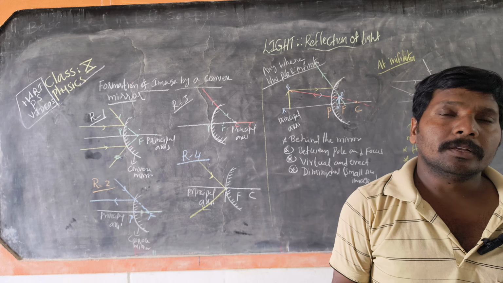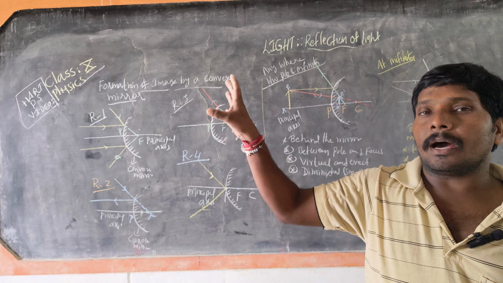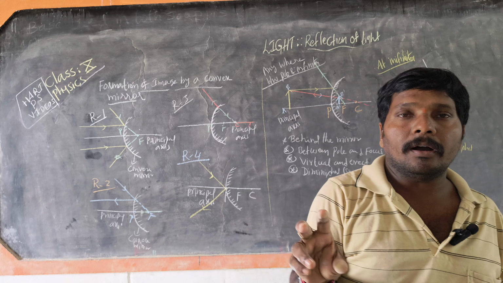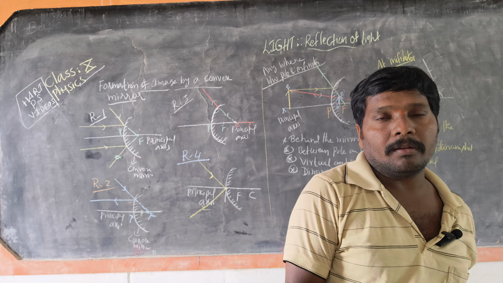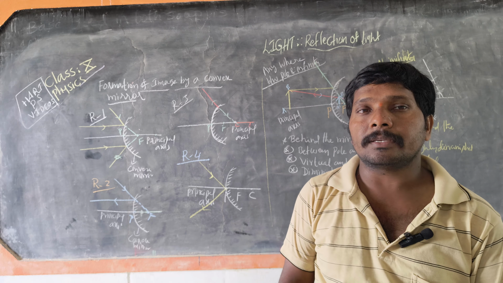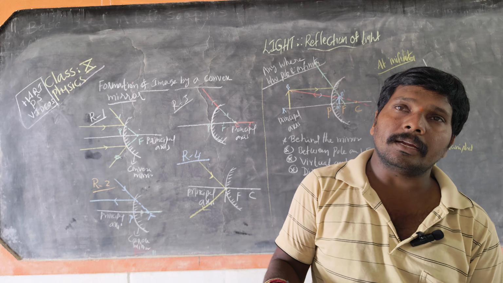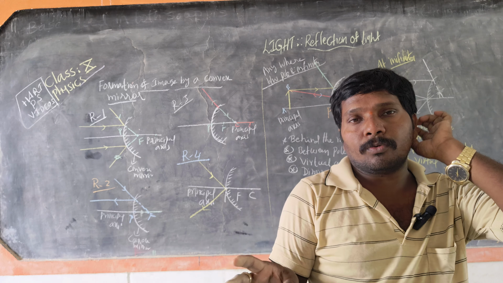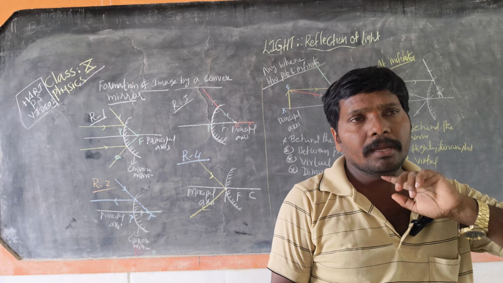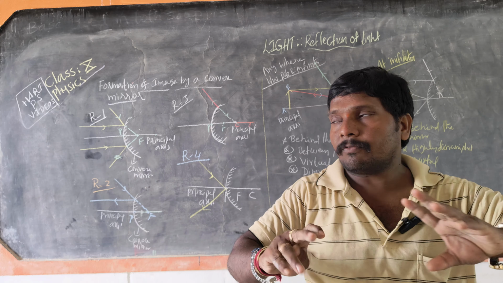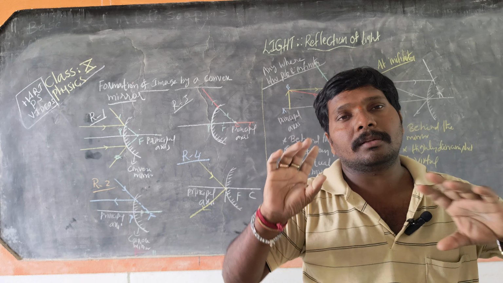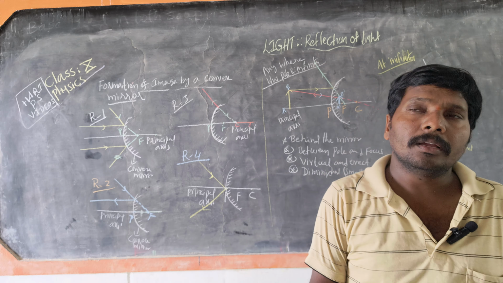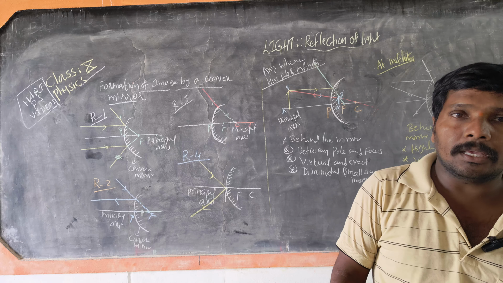Because it covers a large, wide area, it always forms small size, highly diminished, virtual and erect images behind the mirror.